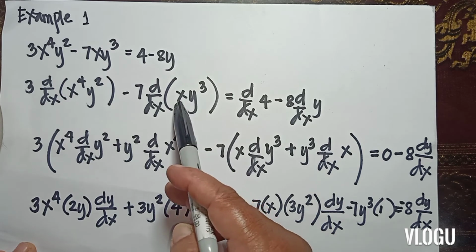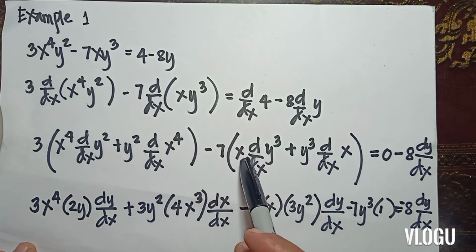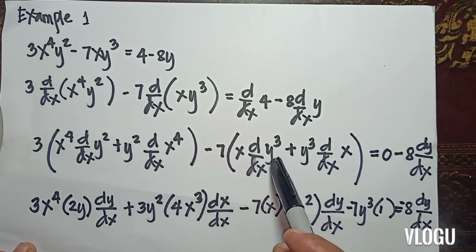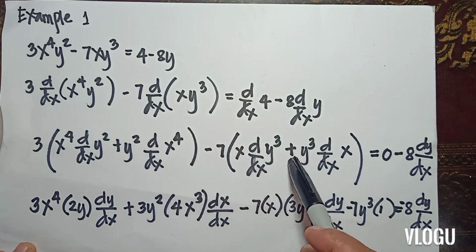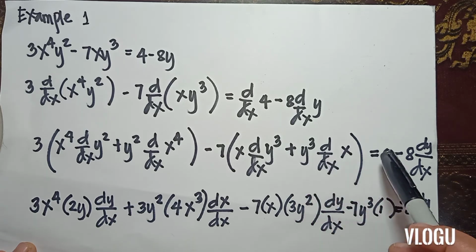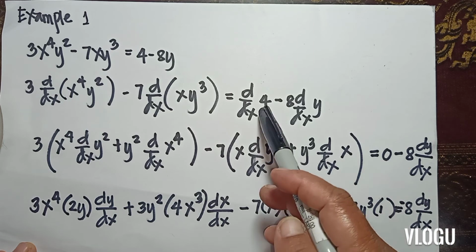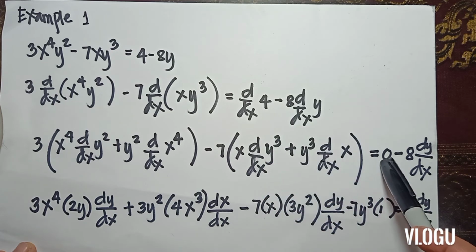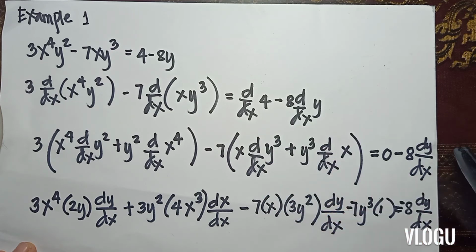Okay, this one is a product again, so we have x d/dx of y cubed plus y cubed d/dx of x. That is equal to the derivative of 4, that is 0, then the derivative of y, so you have dy over dx.